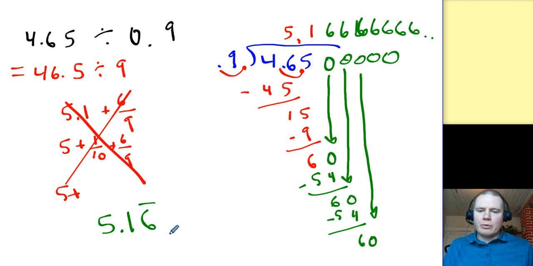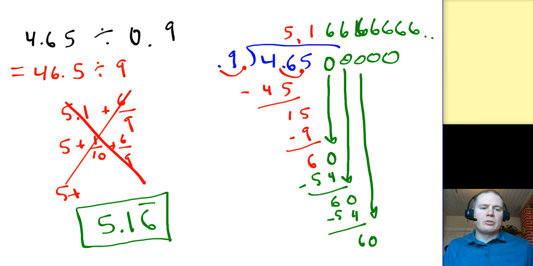We're not rounding unless our directions tell us to round. But we also don't want to spend the rest of our lives and our children's lives and our grandchildren's lives writing 6 forever. We just recognize, okay, it's going on forever. I show the 1 doesn't repeat, the 6 does repeat, and we're done.